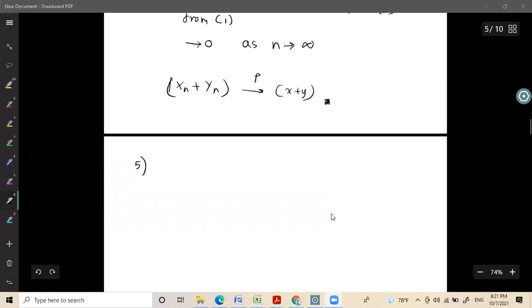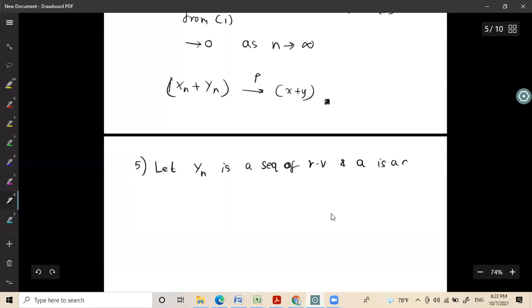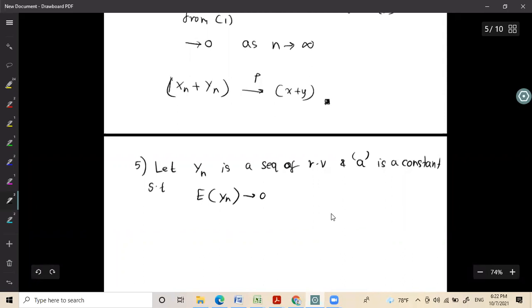Right, let's move on to the 5th example. Let Yn be a sequence of random variables and a be a constant, such that the expectation of Yn goes to a and the variance of Yn goes to 0 as n goes to infinity.